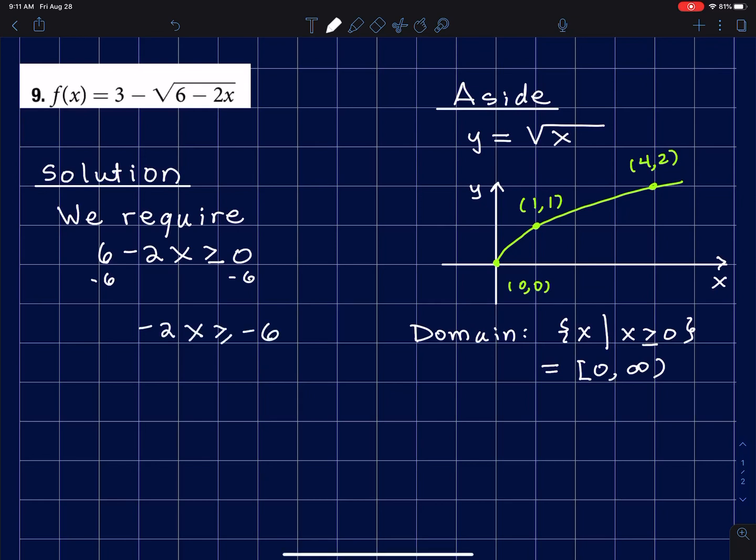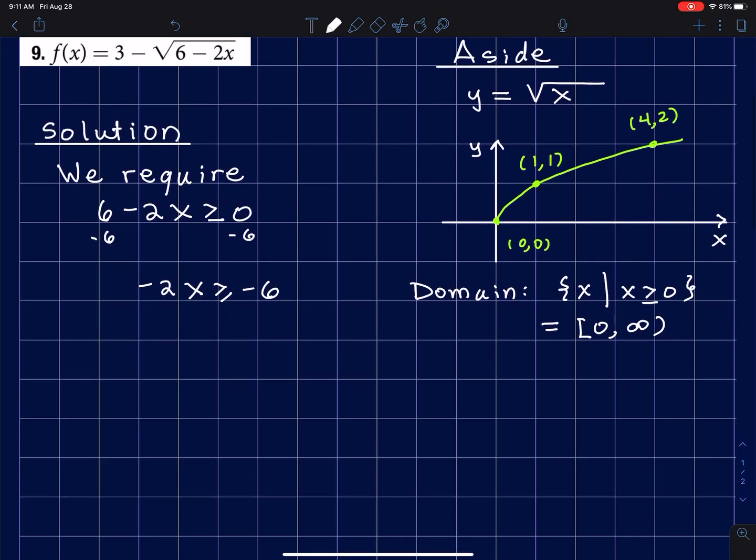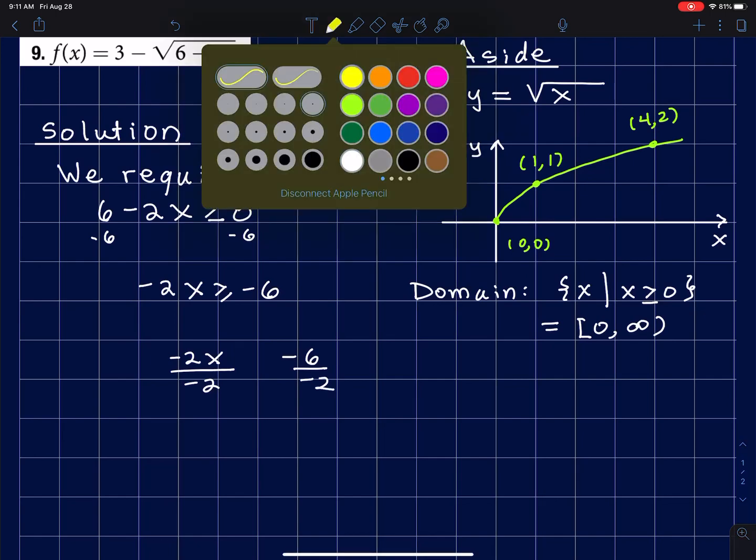It might have been easier if I just added 2x to both sides. Because now I'm going to divide, and I need to remember that when I divide by a negative, I change the direction of the inequality.